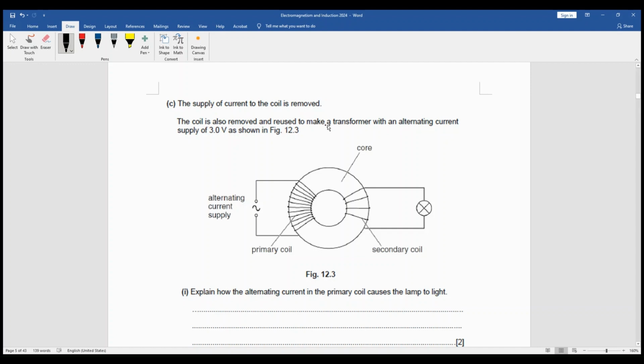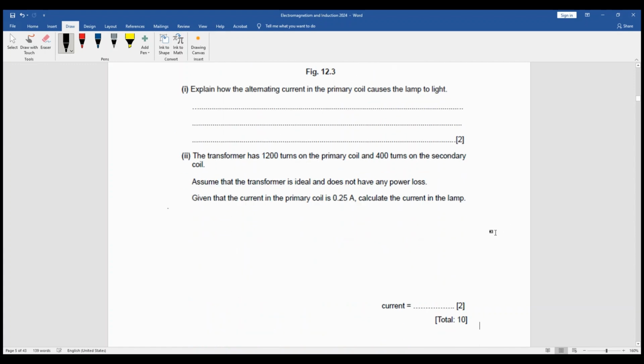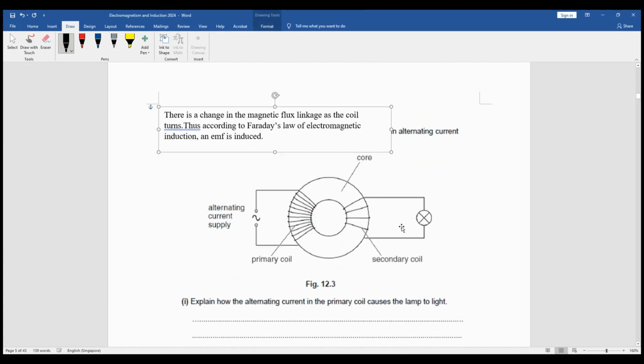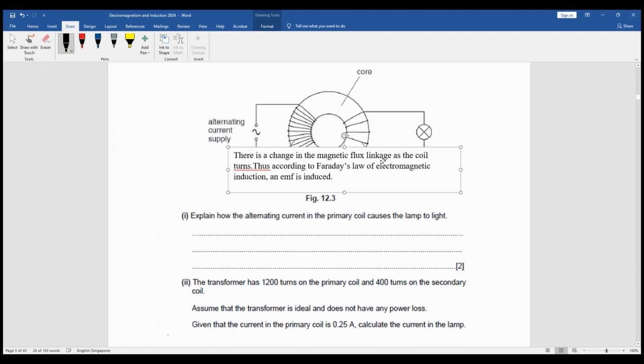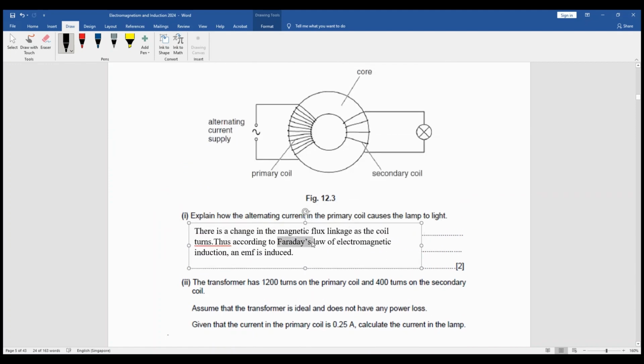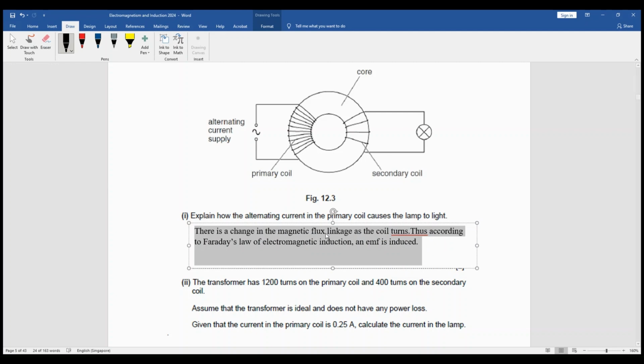Okay, simple. Basically, just get used to all this explanation. It's almost the same. Changing magnetic flux, etc. is 2 marks. But in this case, we have an alternating current, so we have to make sure of that.